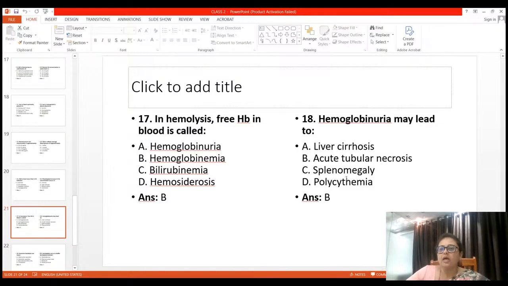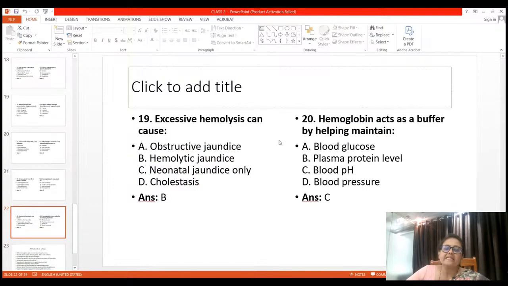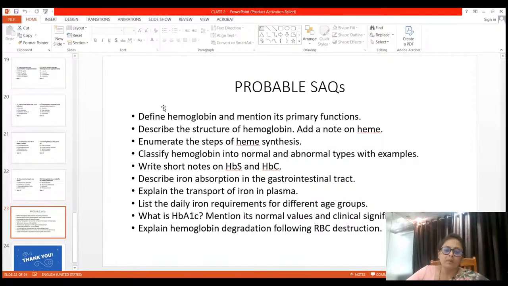Hemoglobinuria may lead to acute tubular necrosis. Excessive hemolysis can cause hemolytic jaundice. Hemoglobin acts as a buffer by helping maintain blood pH. So these are the probable SAQs.